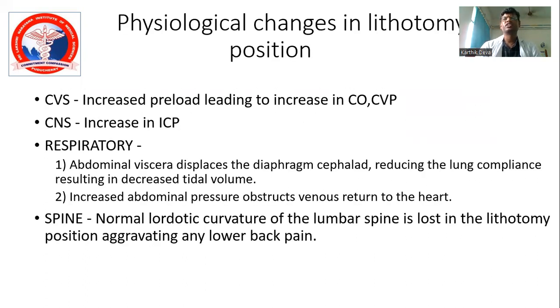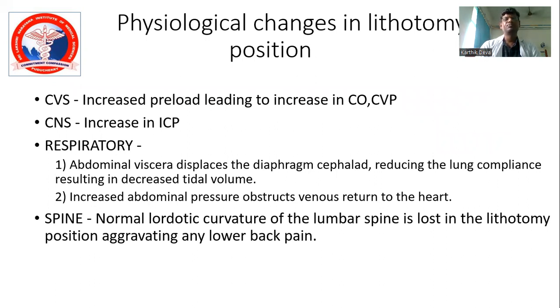Physiological changes in lithotomy position. In the cardiovascular system, increased preload leads to an increase in cardiac output and central venous pressure. In the central nervous system, increased blood flow from the raised legs leads to increased cerebral blood flow and increased intracranial pressure.